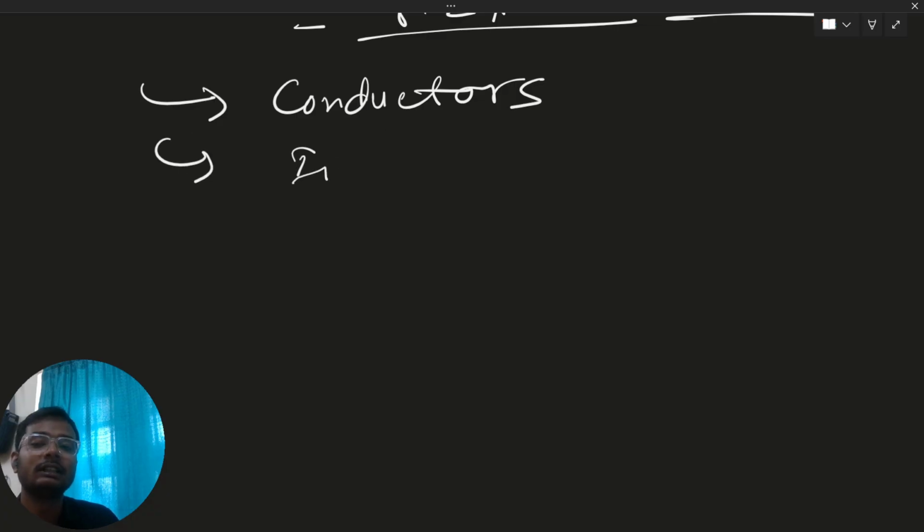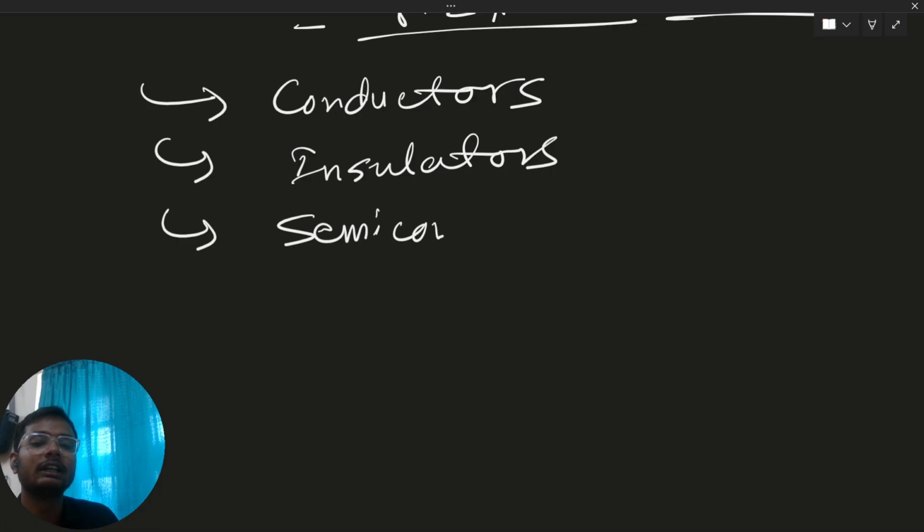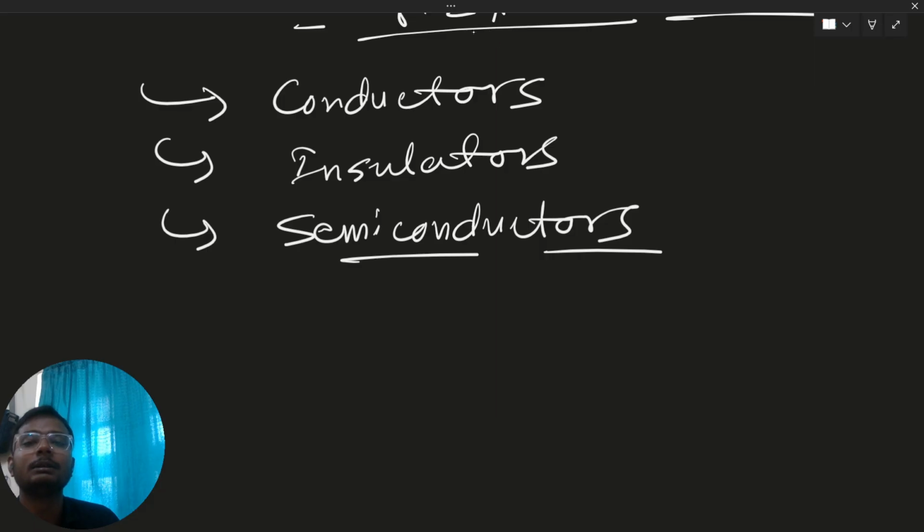So based on that, I categorize all the objects into three categories. First one is the conductors, second one is the insulators, and third one is the semiconductors. Well, semiconductors are not that important at least now, but I'll give you a little info about that so that in higher classes it will be easy for you to understand.